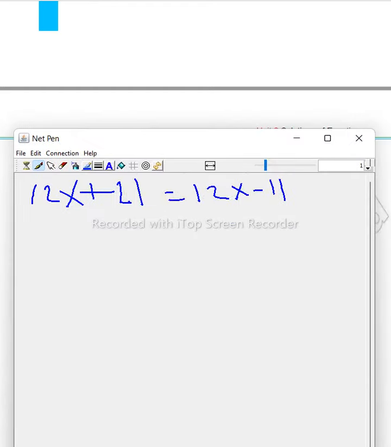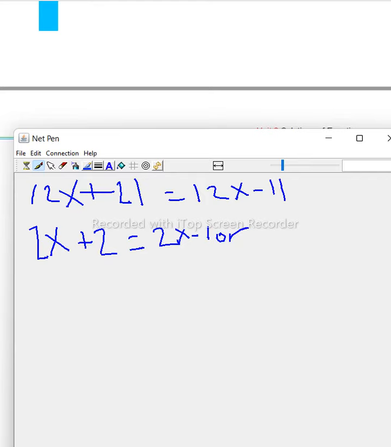So we can write this as two equations: 2x plus 2 is equal to x minus 1, or the second, 2x plus 2 is equal to minus (2x minus 1). So when we multiply, we can bring these all together.